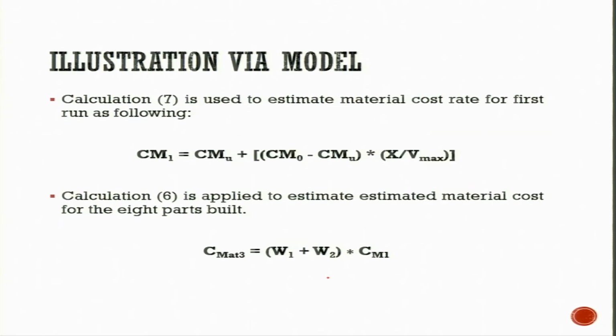Next is the cost of the material for the first run. Here we have the cost of the material as CMU plus the difference of CM0 and CMU, where CMU is the cost of the remaining material and CM0 is the refilled virgin material, minus the remaining material, then X is the build material weight and V max is the maximum capacity.